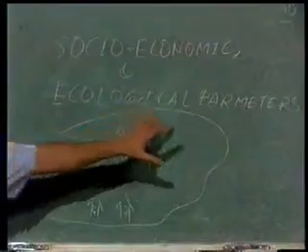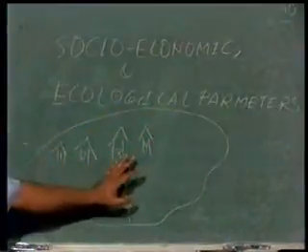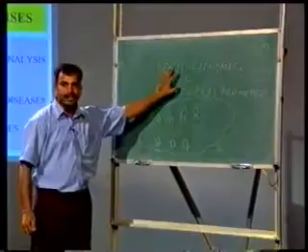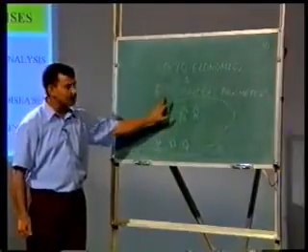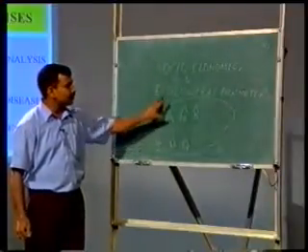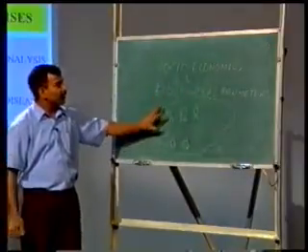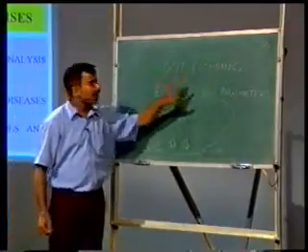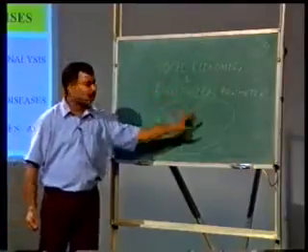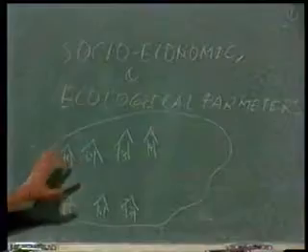In this way we can map out all the households and their socio-economic status. Accordingly, with the help of the resource map and other exercises, we can have all the ecological parameters. So, we can have socio-economic measures as well as ecological measures for the development of the total village.